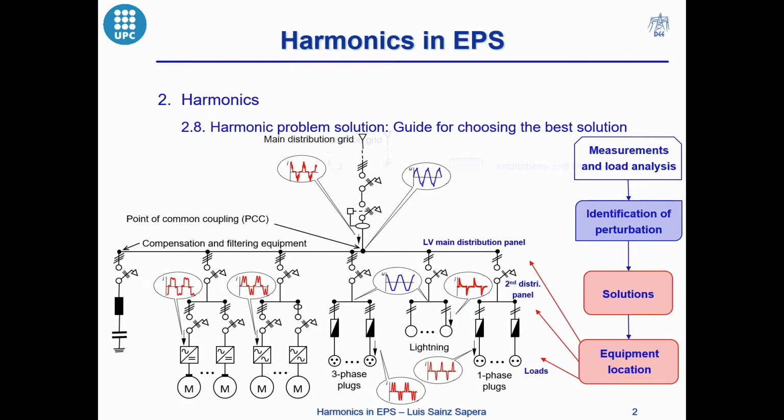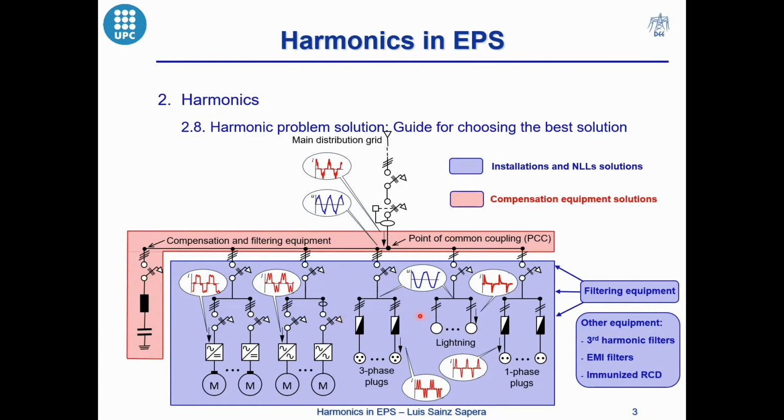Broadly speaking, the solutions can be divided into 2 types. Solutions related to the installations and nonlinear loads, and solutions related to reactive power compensation equipments. We will decide one of them depending on the harmonic problem detected in the installation.